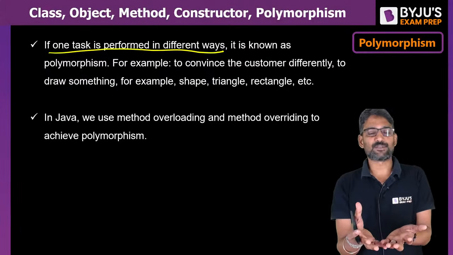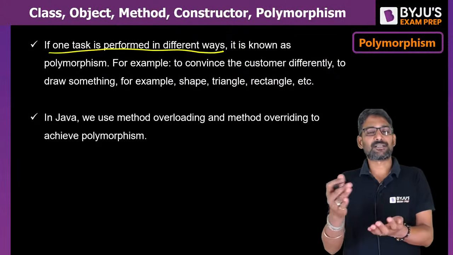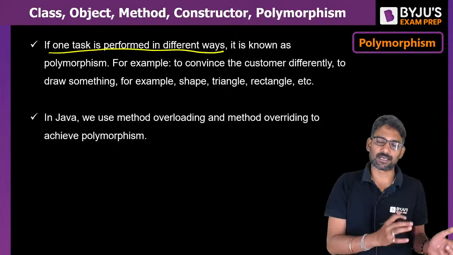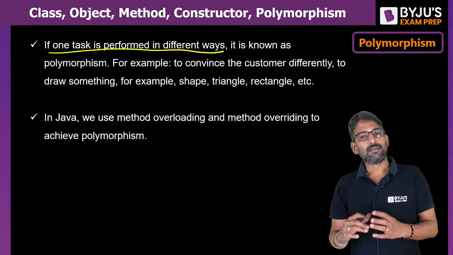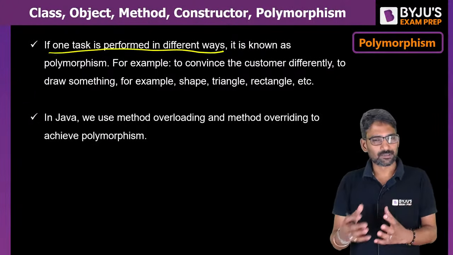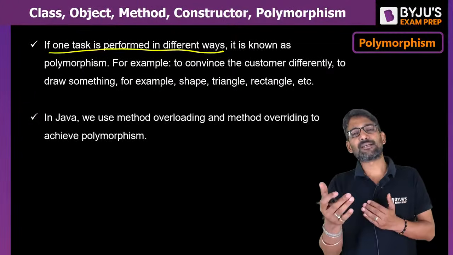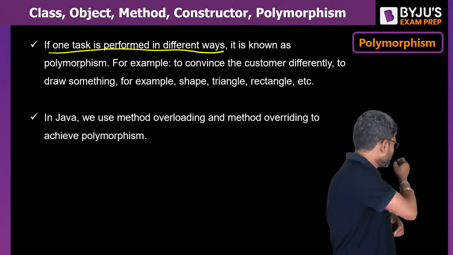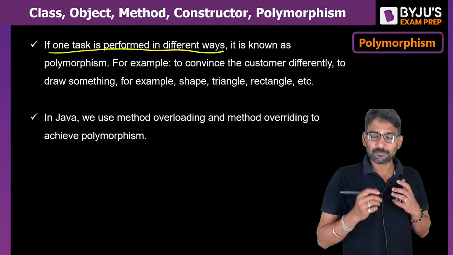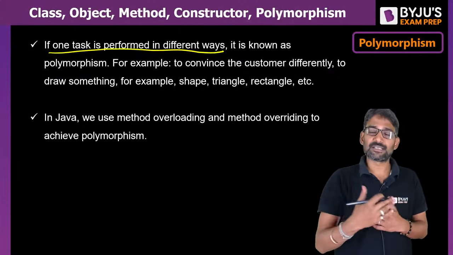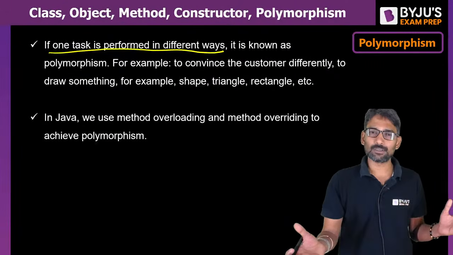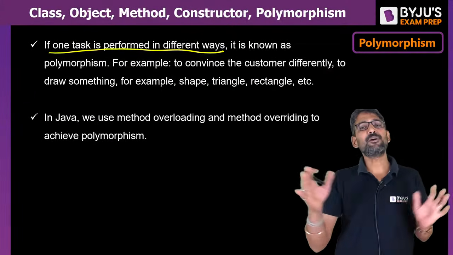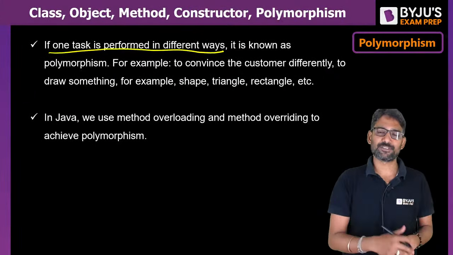I am teaching in this way. I have started and I am going in one flow. First I discussed class, then object, then method, then constructor. And some other faculty might teach in a different order. Some other faculty might teach you on the board. Some other faculty might teach you directly in a physical class. But everywhere what is taught? The same OOPS concepts are taught. Means one task performed in many ways. So it is called polymorphism.